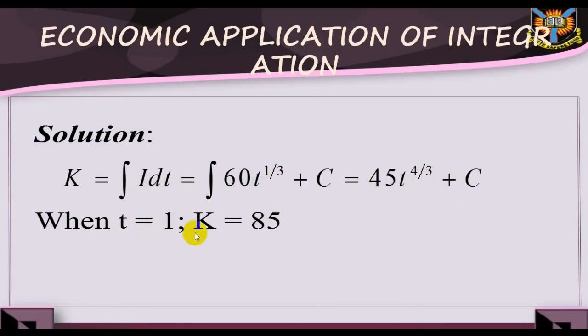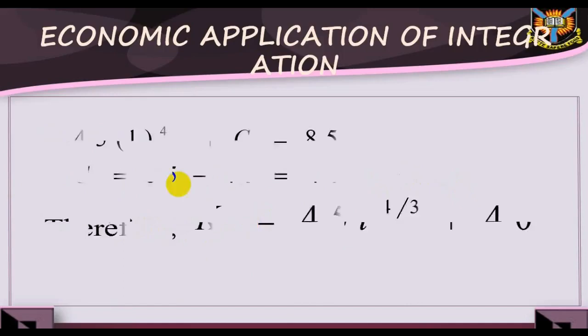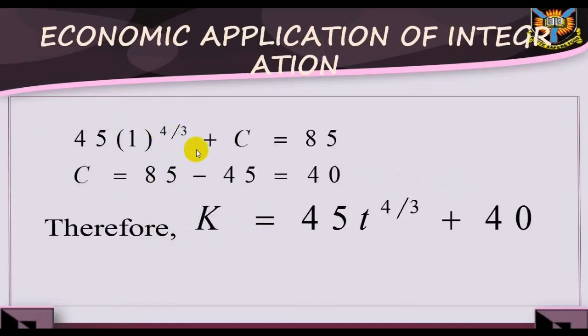When t equals 1, K equals 85. 45 of 1 to power 4 over 3 plus c equals 85. C equals 85 minus 45, which equals 40. Therefore, K equals 45t to power 4 over 3 plus 40.